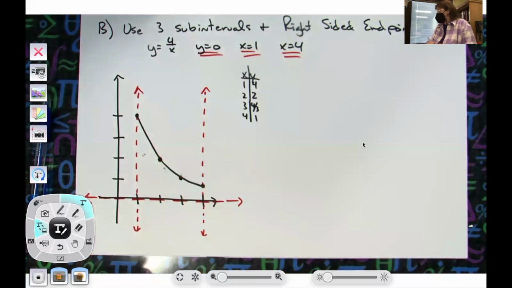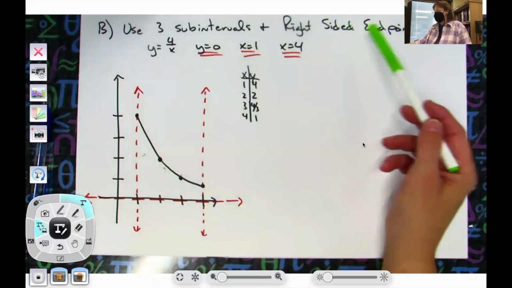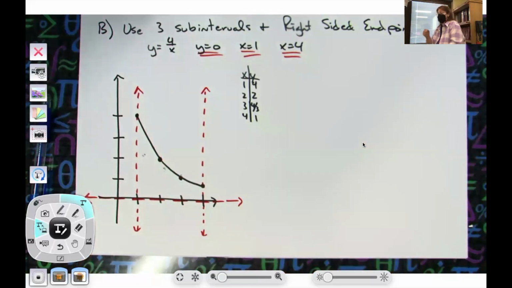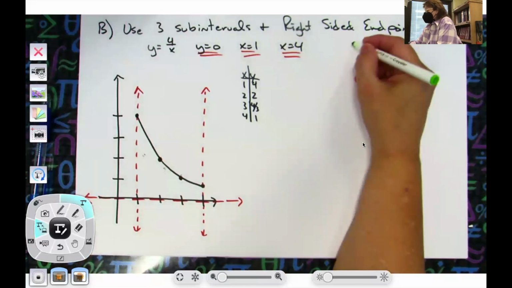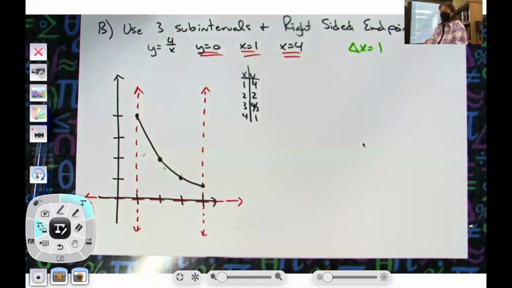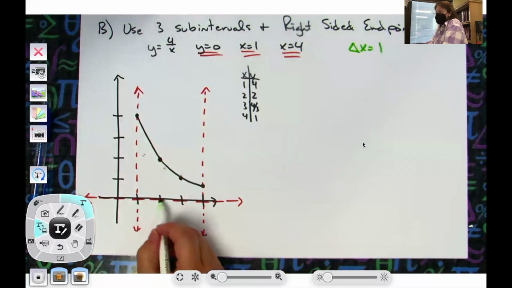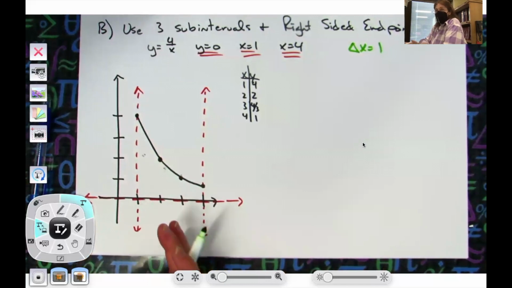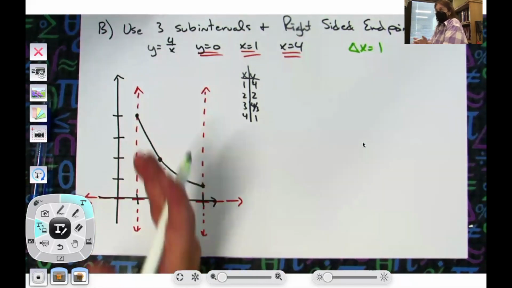Okay, now your picture is going to look different, right? Because I'm using 3 subintervals, but right-sided endpoints. All right, delta x is still 1, because I gave you that. To get 3 subintervals, I have to have a delta x of 1. So here's going to be my first rectangle. Now, when you draw it, if I'm using a right-sided endpoint, I want to go up on the right-hand side, and I want to touch my curve.